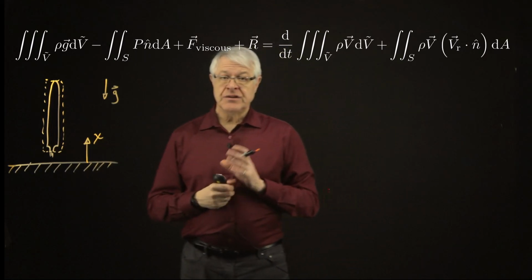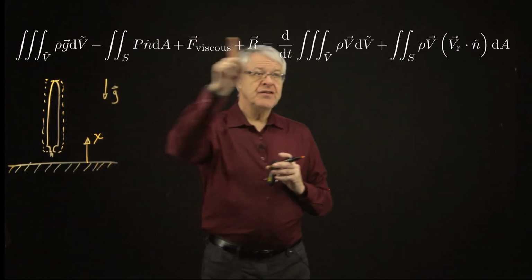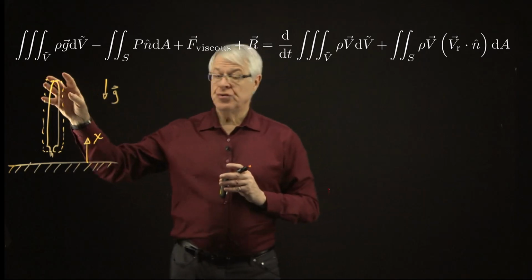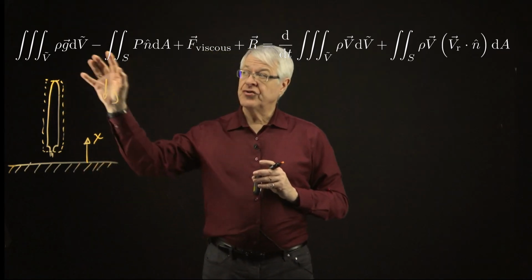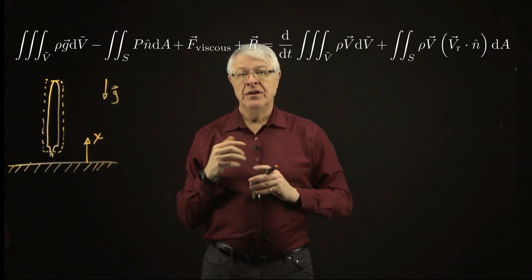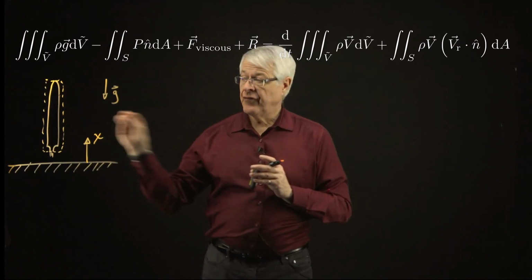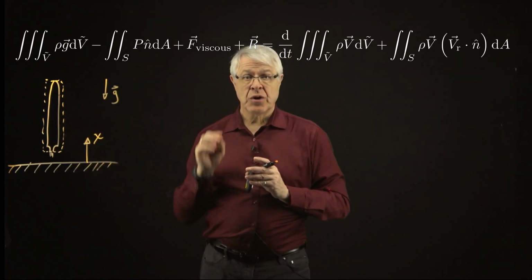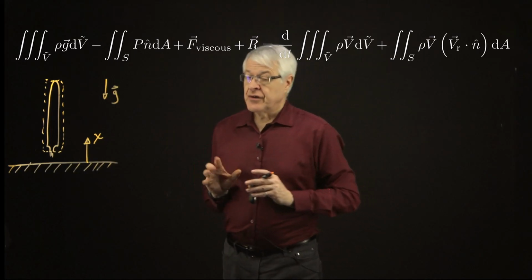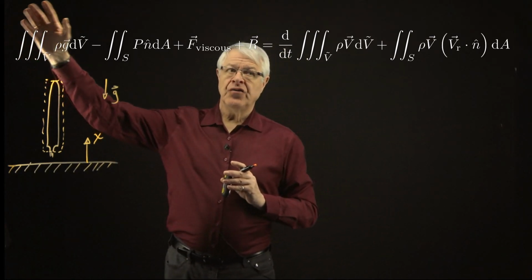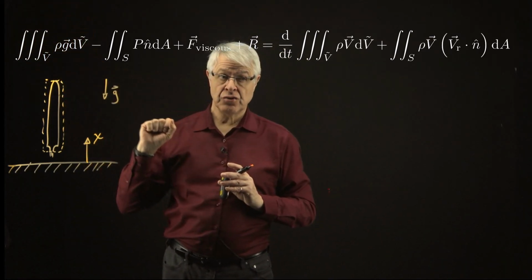So the next thing we need to do is apply conservation of linear momentum to that control volume. So we're going to talk about all of the terms in here, decide which ones we need to keep, and how we can represent them in a simplified form to apply to this problem. All right? So the very first term we see over here is the weight of everything in the control volume.